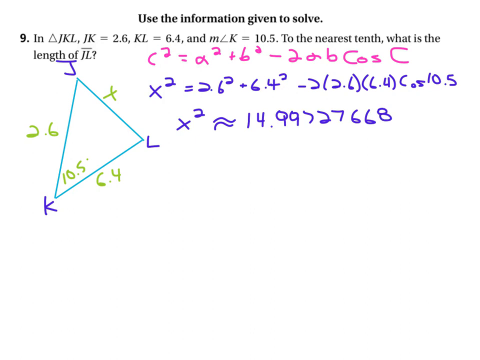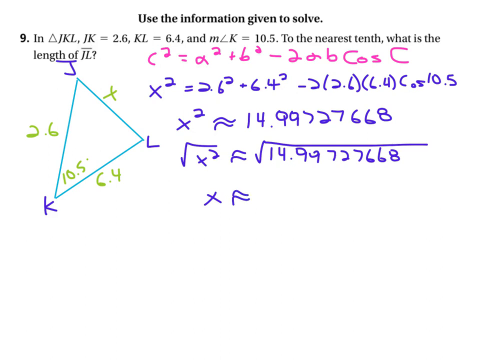And then we've got to square root both sides. So we say the square root of x squared is approximately equal to the square root of this number, because the number is not an exact number of what it really should be. And then we get that x is approximately equal to the square root of that number, 3.87, because now is where we're going to round it to the nearest tenth.